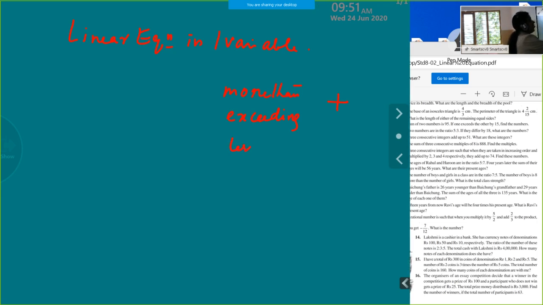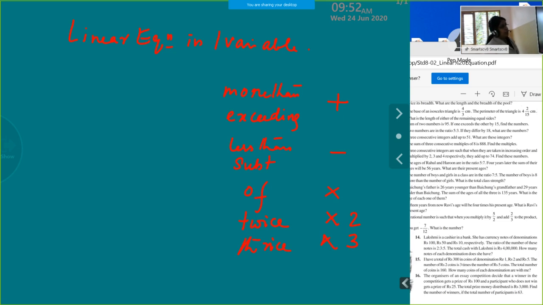When it is less than or subtract, that should be replaced by the minus symbol. Of should be replaced by multiplication. If it is twice, multiply by 2, thrice, multiply by 3, half of means multiply by half, etc.